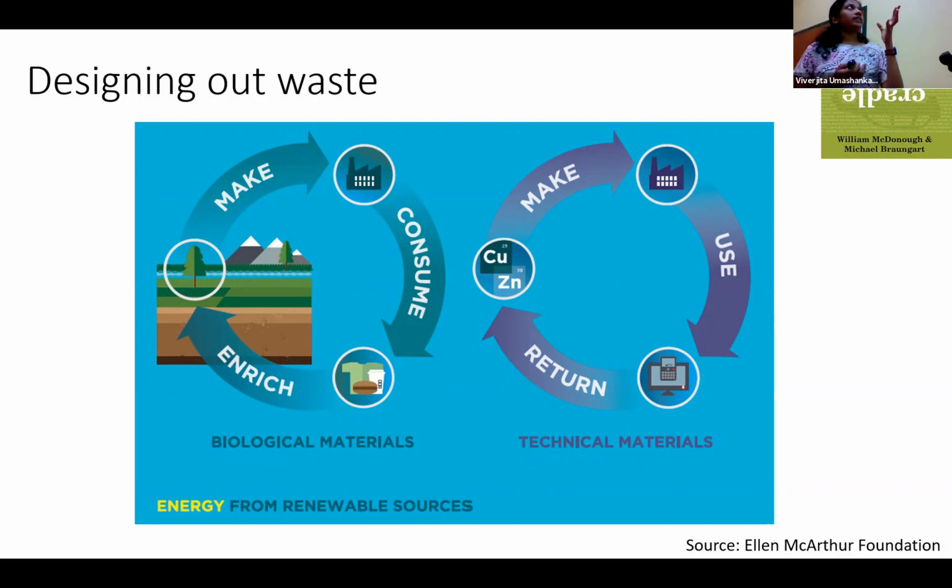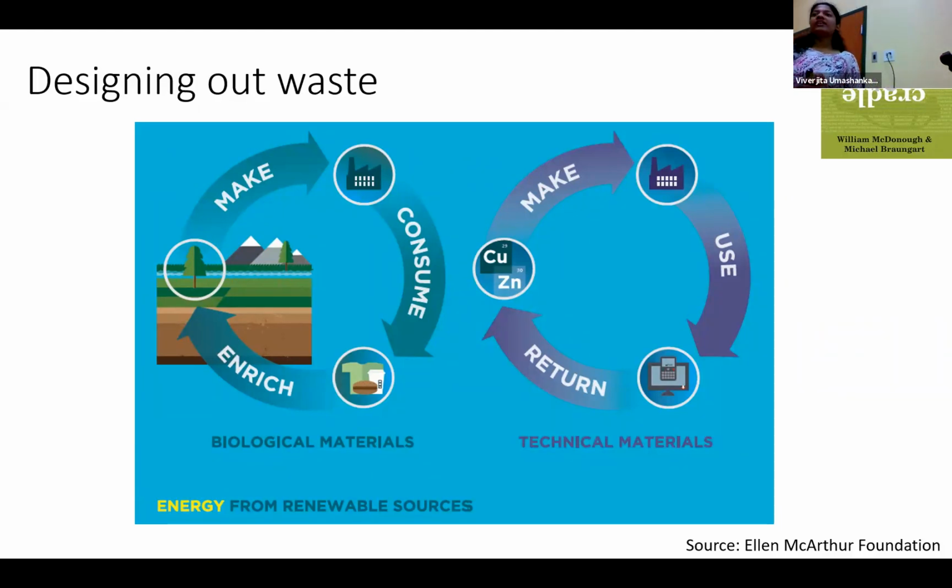So the technical materials need to be in a cycle of manufacturing, using, reusing, and in a way that it's returned back to a system such that it's not leaked back into the biosphere in a way that it pollutes it. So this is a system of biological materials and technical materials.